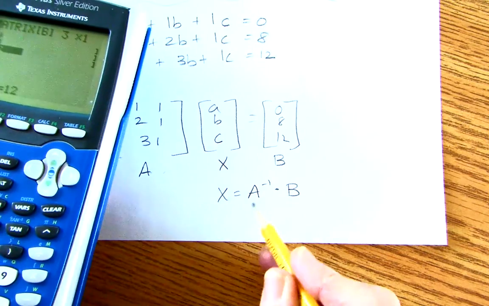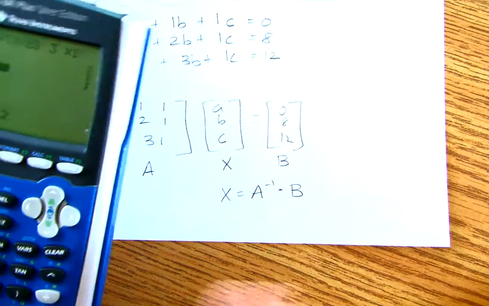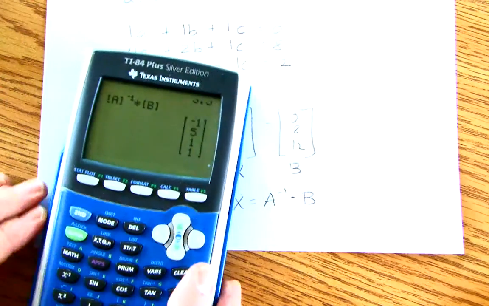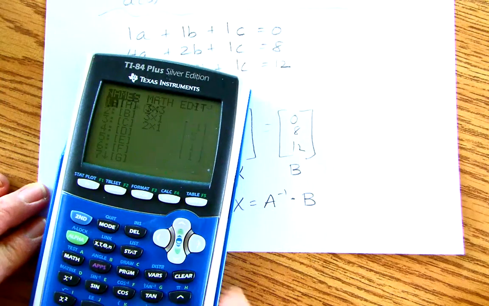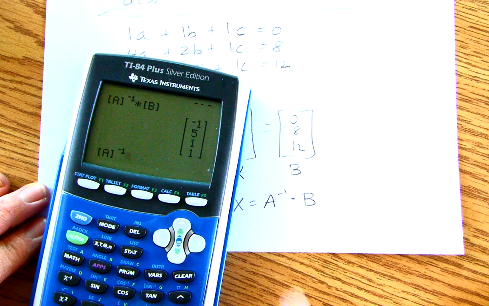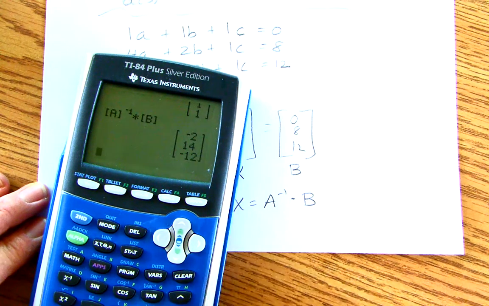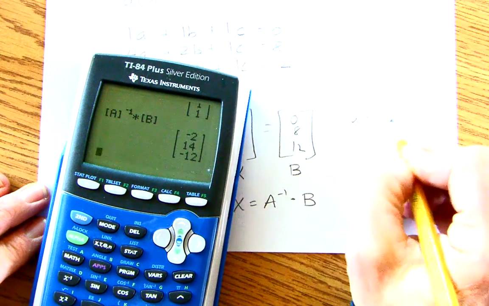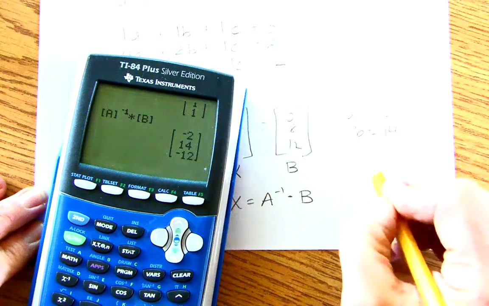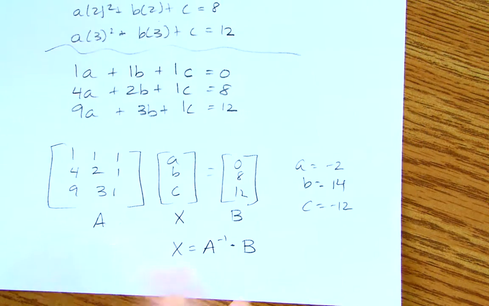I'm going to take the inverse of A and multiply by matrix B. So I call up matrix A, I raise it to the negative 1, and then I multiply by matrix B, and A is negative 2, B is 14, and C is negative 12.